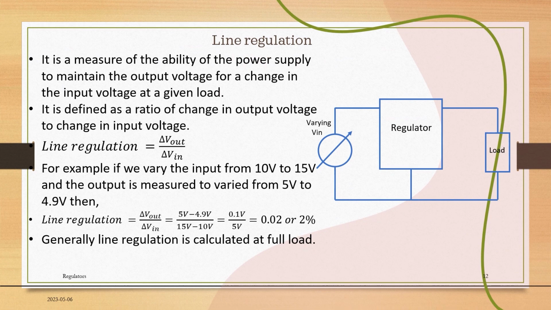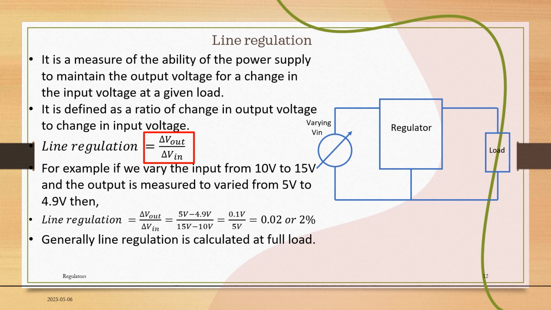In practical regulators, if the input voltage is varied, a change in output voltage is seen. To quantify this, a term is introduced called line regulation. It is defined as the ratio of change in output voltage to the change in input voltage. For example, let us vary the input from 10 volts to 15 volts and the output is measured to vary from 5 volts to 4.9 volts.